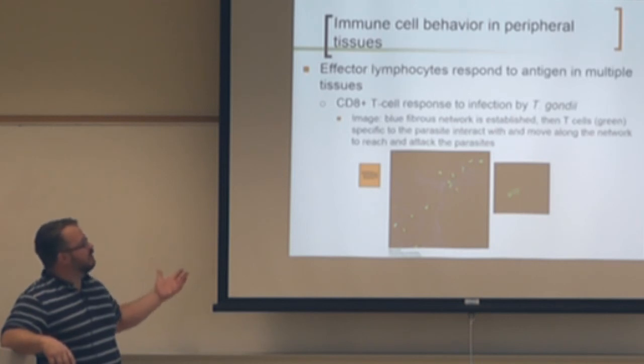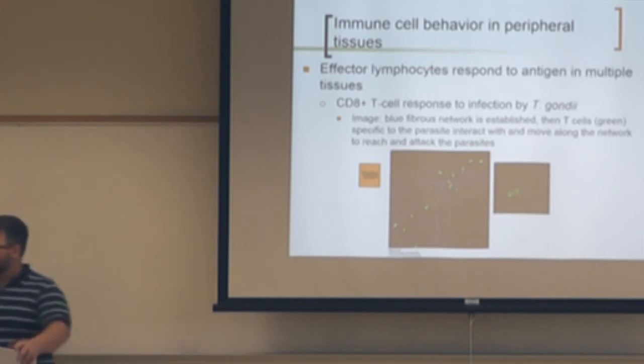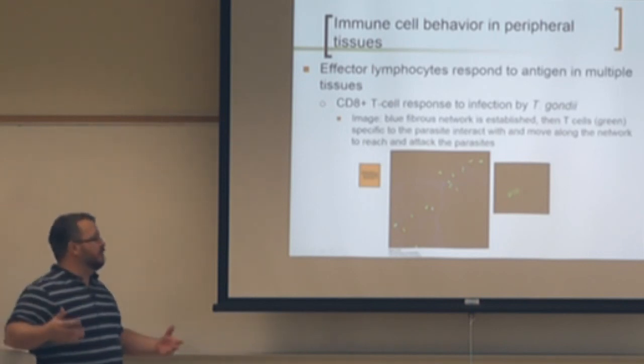We actually can have T cells enter the brain, which is something that before now we really didn't think happened a whole lot. But then we saw that these pathways were formed within the brain. These fibrous networks were actually established in the brain, and here we can see these blue fibrous networks along which T cells move, very similar to the FRC networks in lymph nodes.